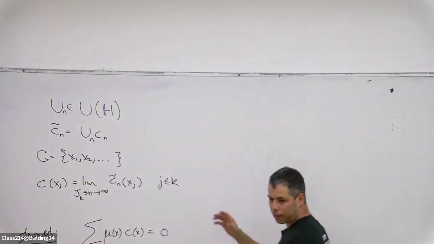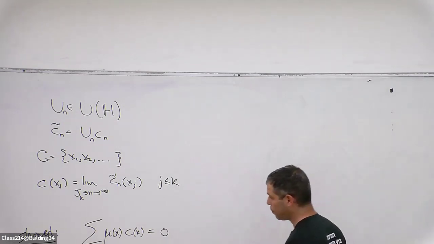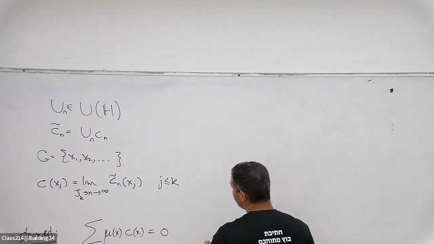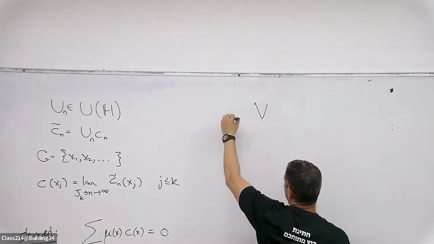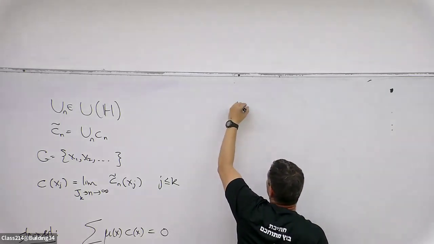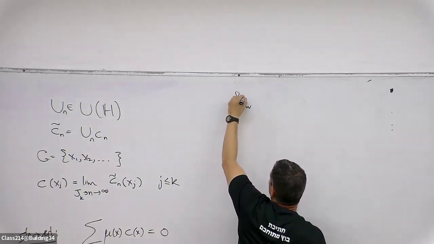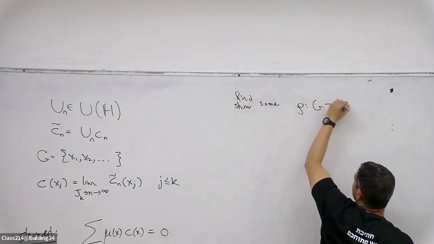But for us it's not important because we already did the UNs, so now we can work with them. So now I want to define a cocycle. Today, what we're going to do again is show or find some representation.